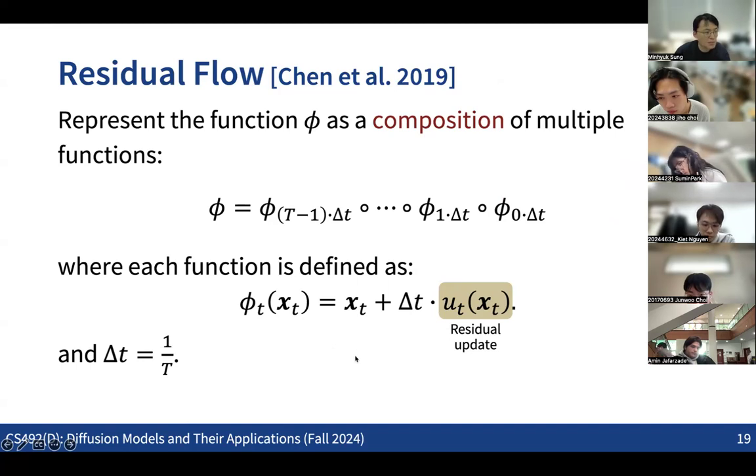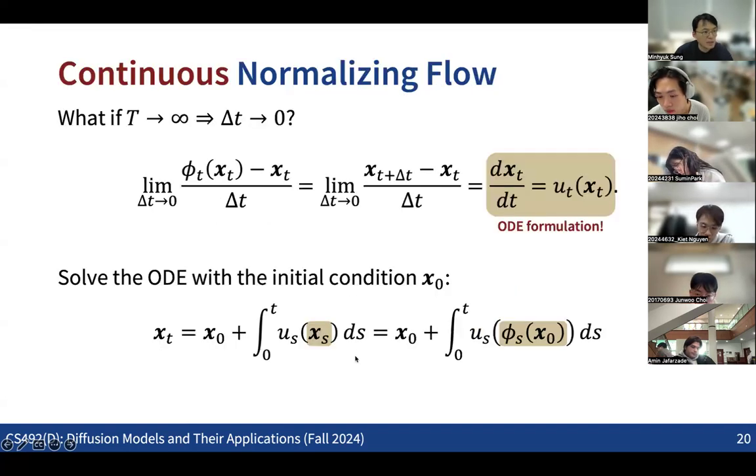And if we consider having such steps an infinite number of times, then this residual becomes a velocity term. So when we take the derivative of xt with respect to time t, we get this velocity term, which means we get another kind of ODE formulation, the simplest form of the ODE.